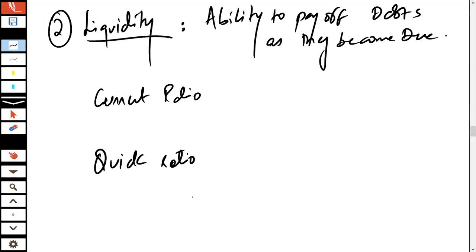These are the major two ratios that we use with respect to liquidity. Now, I'm again giving you 2-3 minutes. Try to write down the answer to these two ratios.